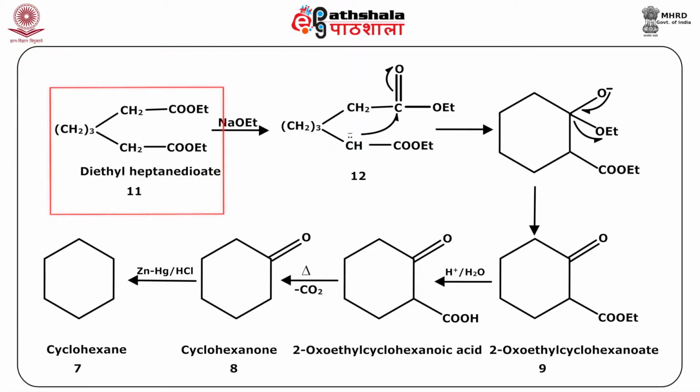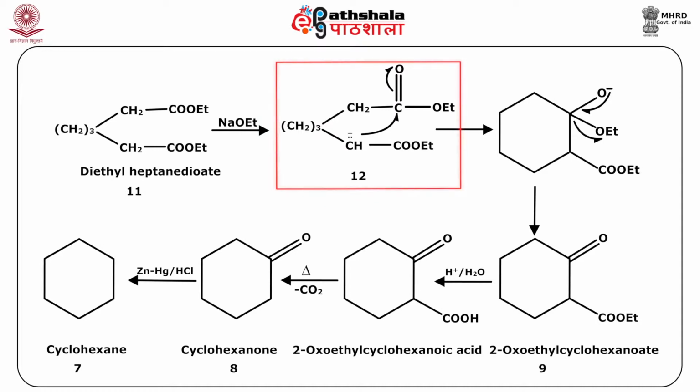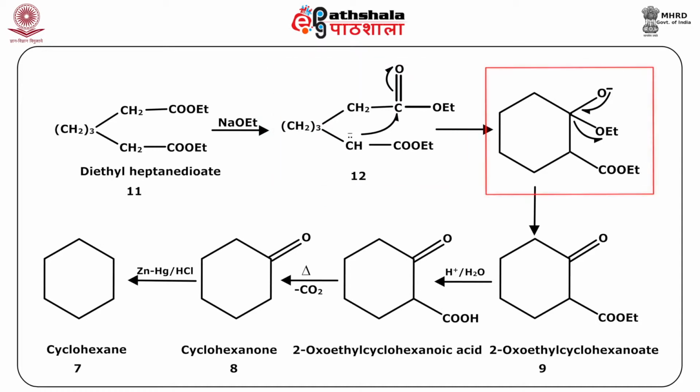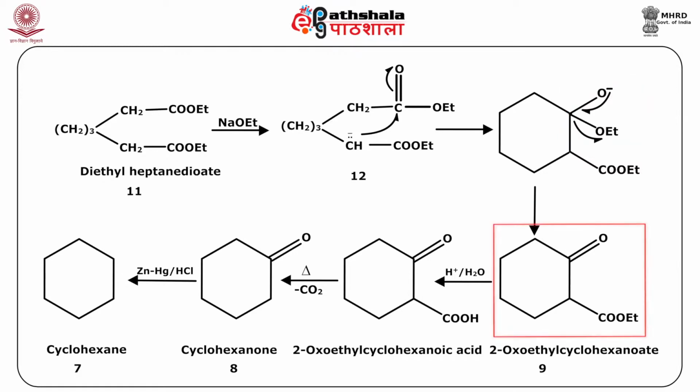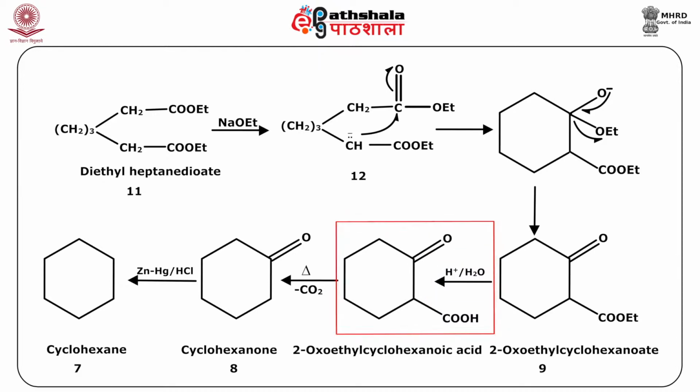The diethyl heptane dioate on reaction with the base firstly forms a corresponding anion, which undergoes cyclization followed by ethoxide ion removal to form 2-oxoethyl cyclohexanoate. 2-oxoethyl cyclohexanoate upon hydrolysis forms 2-oxocyclohexane carboxylic acid by the loss of the ethoxide ion.